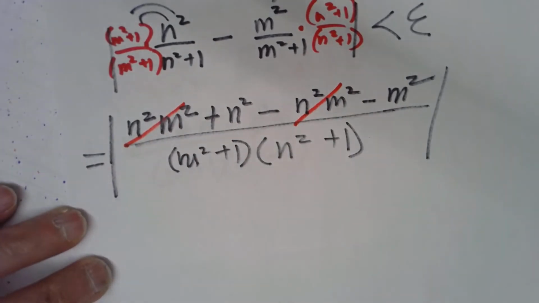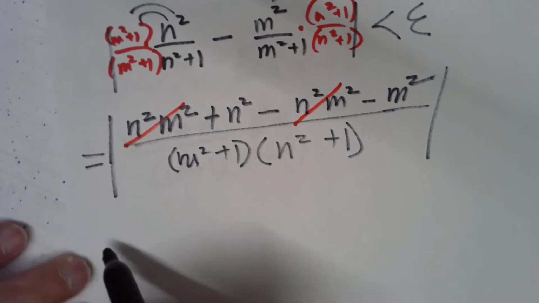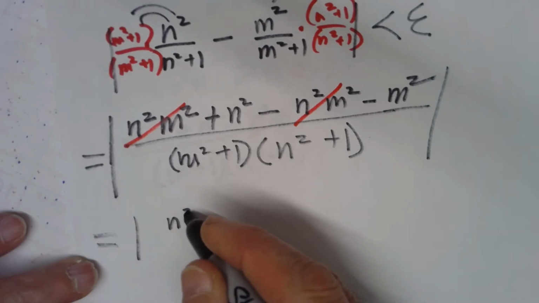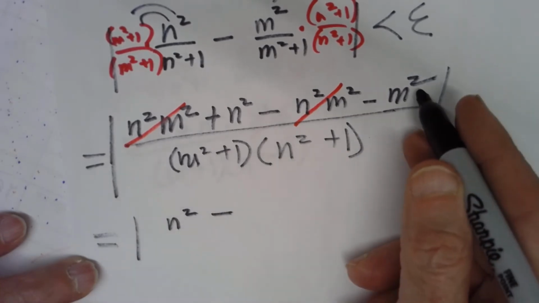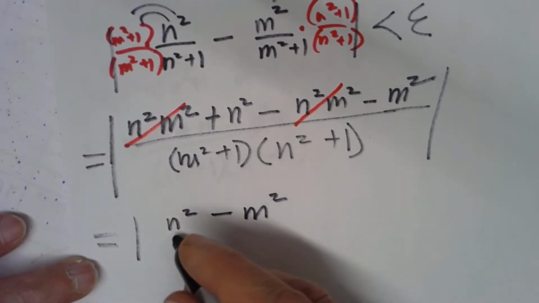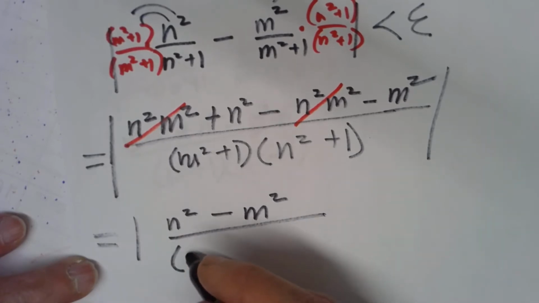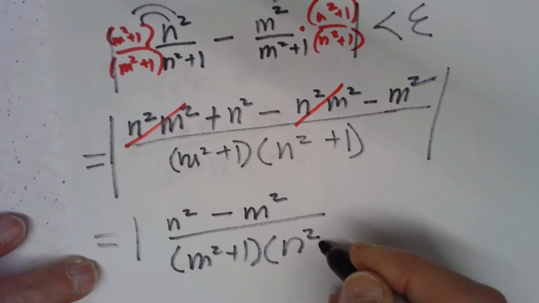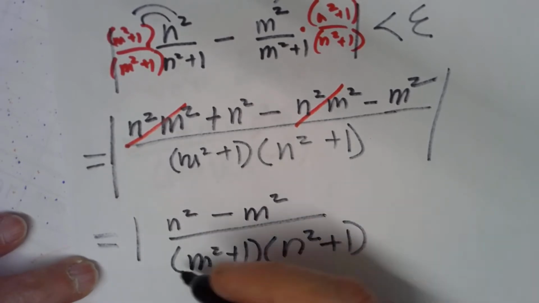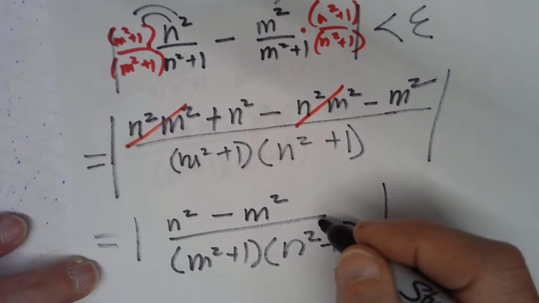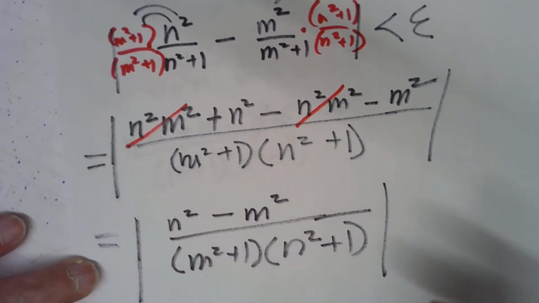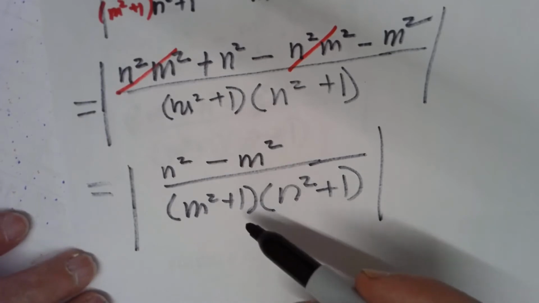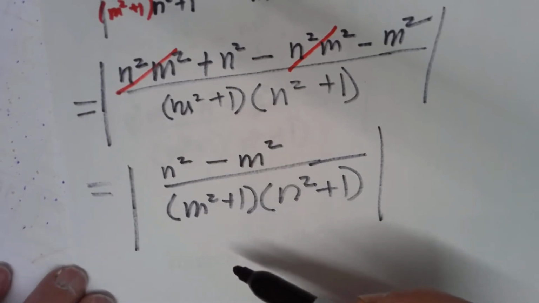So we end up with n squared minus m squared over m squared plus 1 times n squared plus 1, or n squared plus 1 times m squared plus 1, that really doesn't matter. Multiplication is commutative.